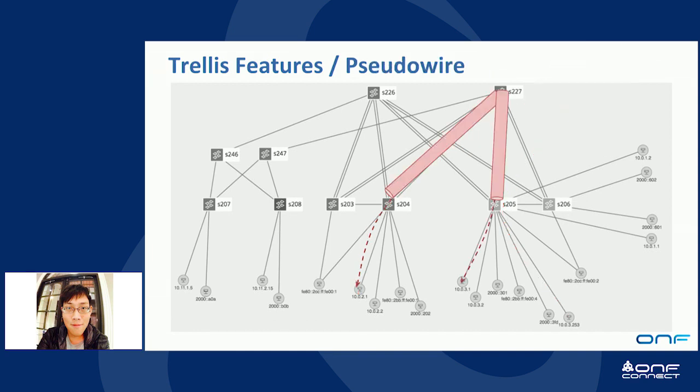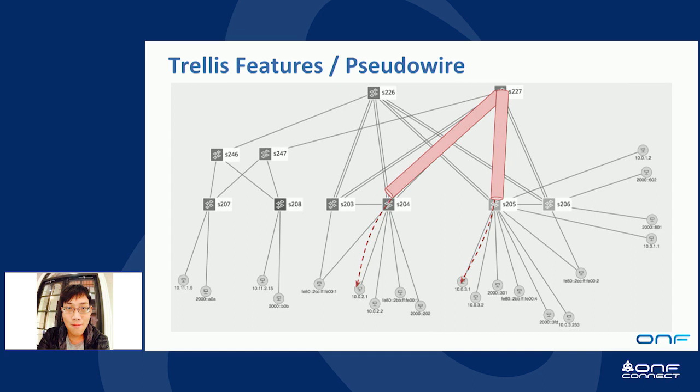We also support Pseudowire. As I mentioned, the entire fabric is an L3 routing fabric. So let's say this is one subnet and this is another subnet. If you want to send L2 traffic from switch 204 to switch 205, and you want to keep the L2 headers unmodified, the only way you can do that is through Pseudowire.